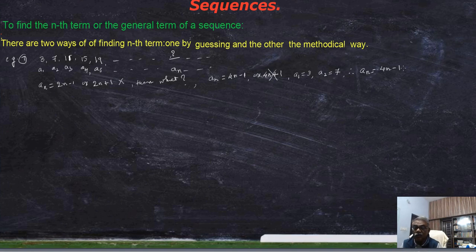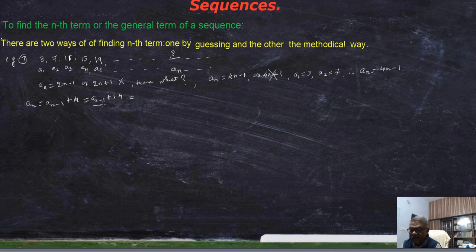Another way I have told, the methodical way, how to get the nth term. You can see here, an is obtained from the previous term, an minus 1 plus 4. Okay, and now you can write down this as an minus 1 plus 1 into 4. Nothing wrong in writing so.